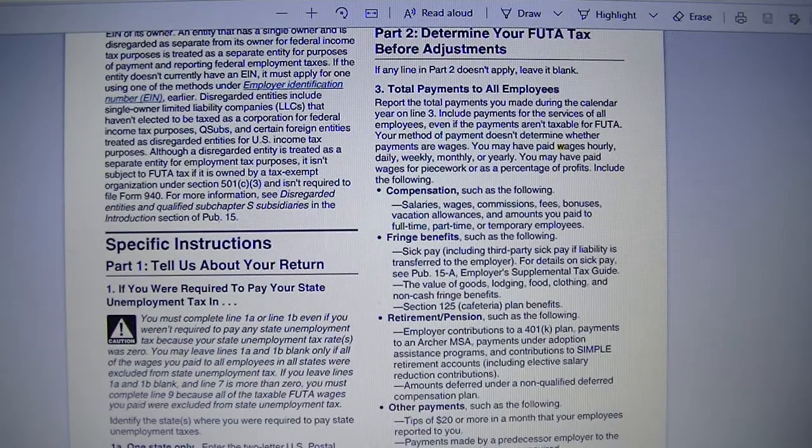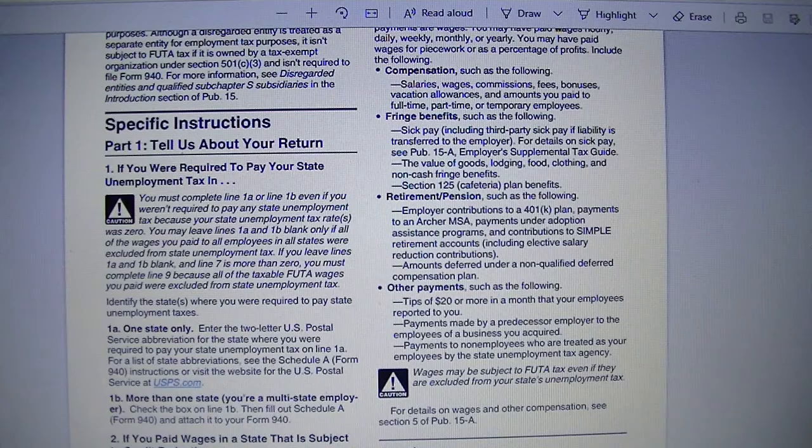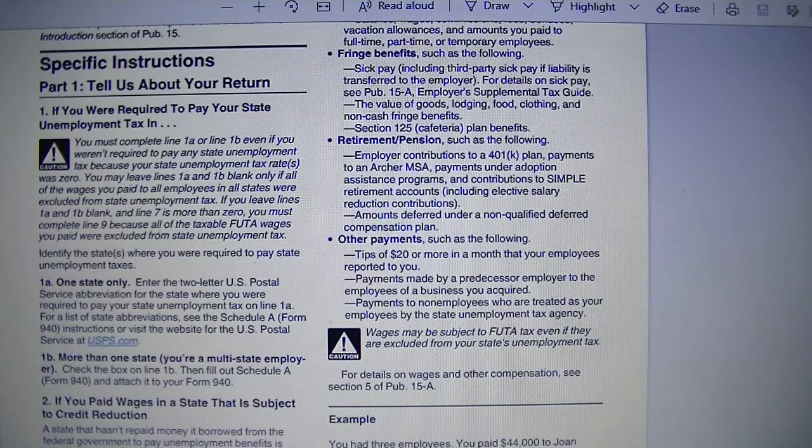So that will be compensation, fringe benefits such as sick pay, retirement pension, other payments, tips of $20 or more in a month that your employees reported to you, payments made by a predecessor employer to the employees of a business you acquired, and payments to non-employees who are treated as employees by the state unemployment tax agency.